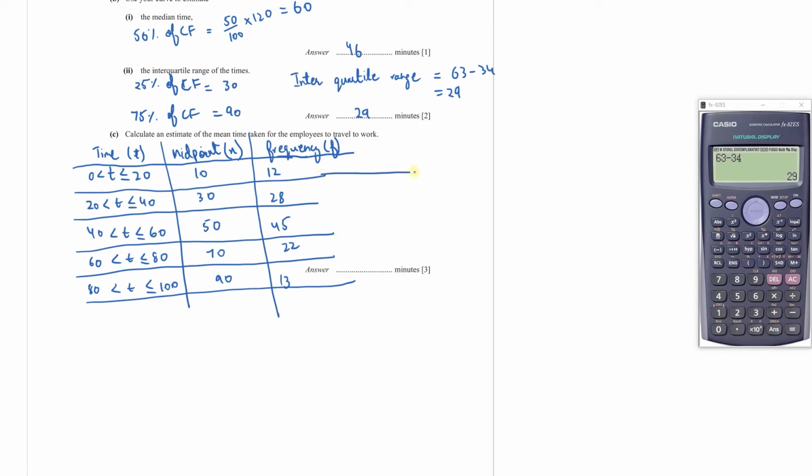And then you calculate the product. You multiply each frequency value with the midpoint of its class.